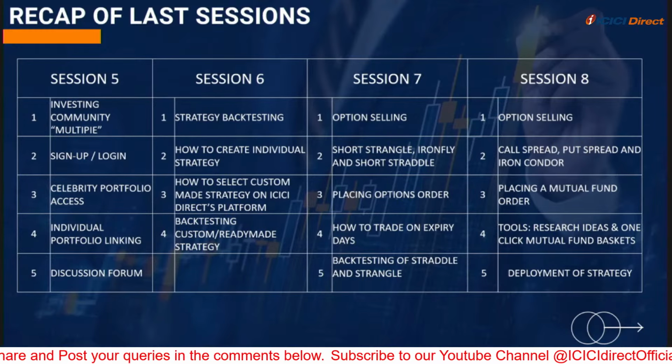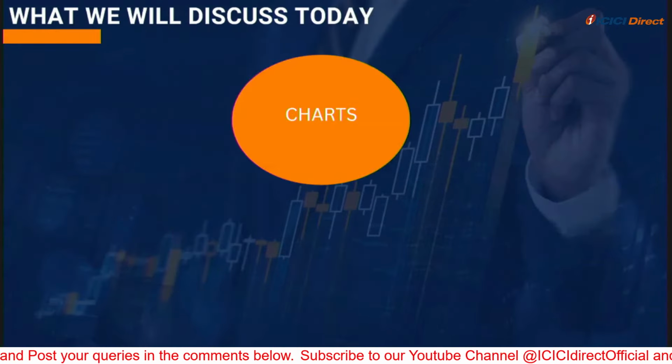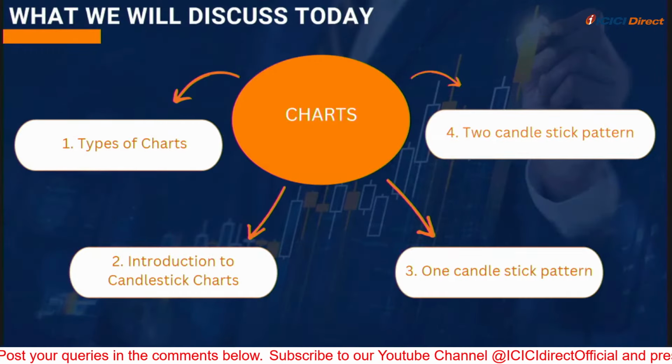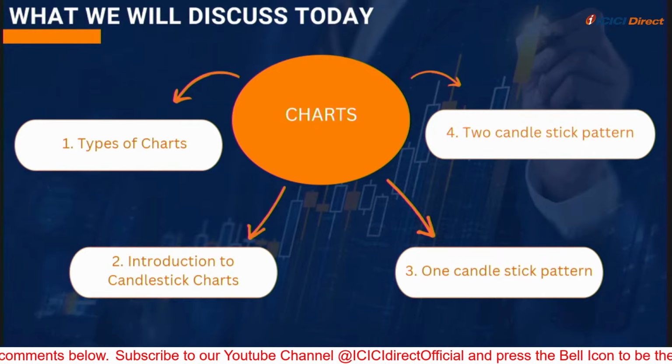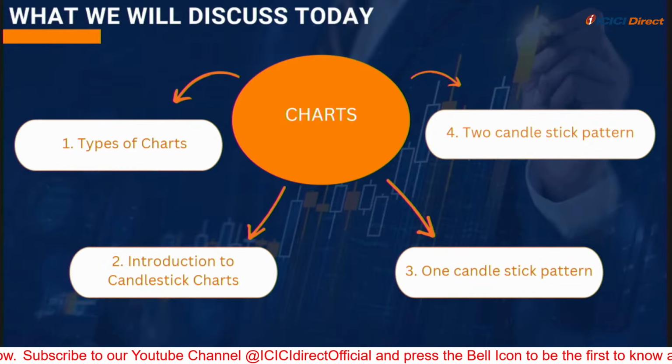Right. So Gaurav, shall we start? Viewers, this is the crux of today's session. First, types of charts. There are different types of charts, multiple ones, but our focus will be on candlestick because that is the most widely used chart. The second part is the introduction to candlestick charts.